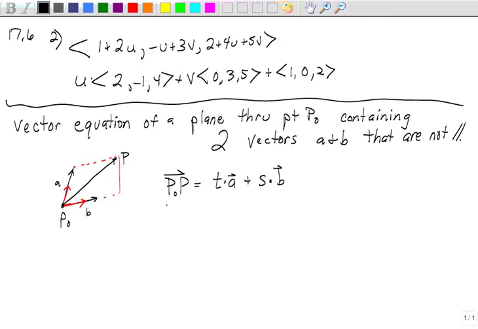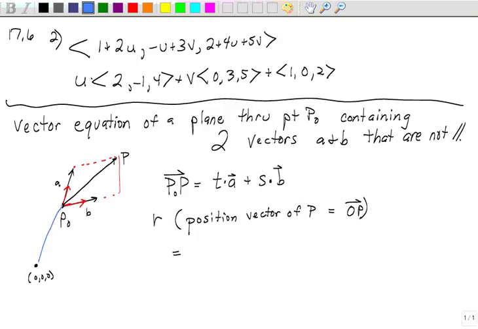So R, let's let that be the position vector of P. So that's equal to OP, okay, let's let the origin be here.